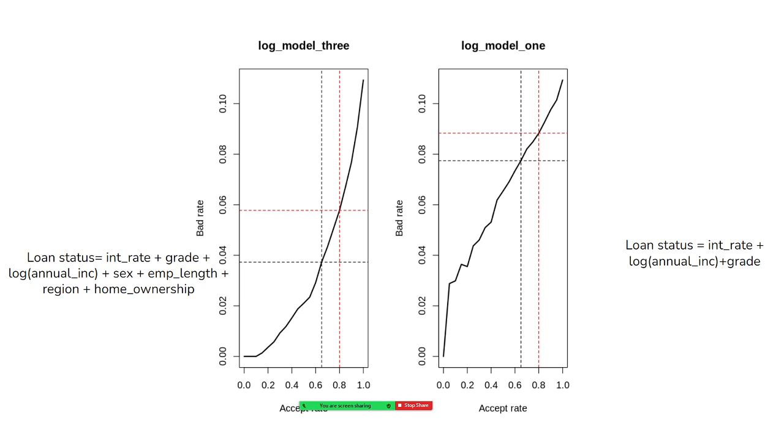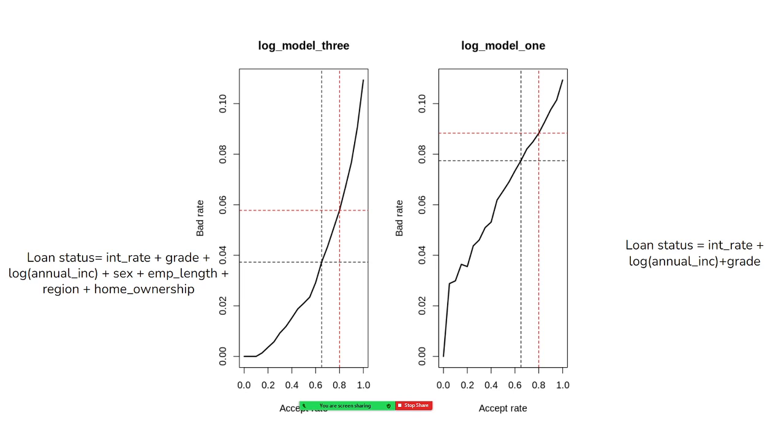Now, if we had an acceptance rate of 70%, the first model will have 8.2% and the third 4.34%. If we did the worst case scenario and we had an acceptance rate of 0%, we will have a bad rate of 0%. And if we accept everyone, we will have a bad rate of 100%, which is bad.